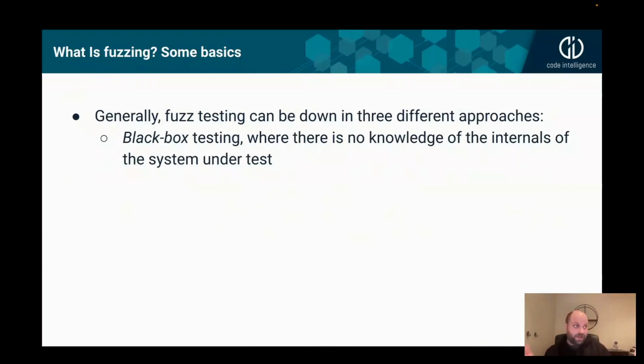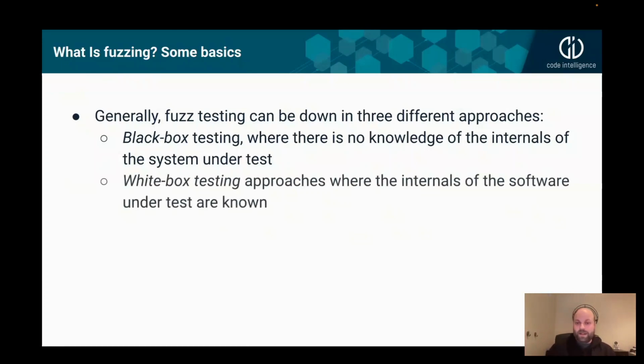This comes from the expression black boxes on airplanes. If an airplane crashes, black boxes reveal information around what was happening at the time, but you don't know exactly what was happening. Similarly, black box testing is where you just have inputs and outputs. You don't have access to the internals of a system. You can just explore it by passing inputs and seeing how the software or program reacts.